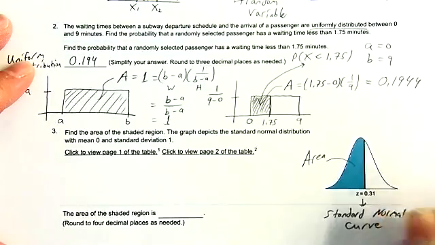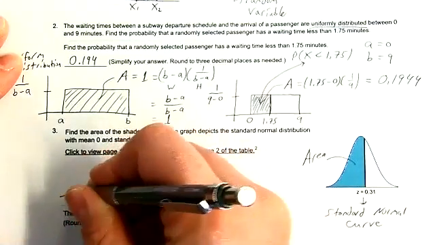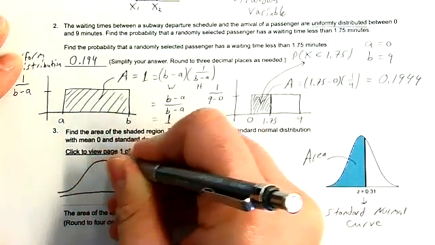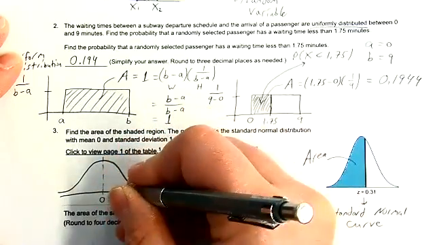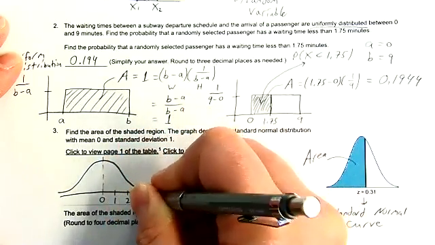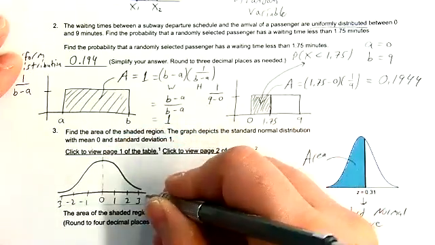We calculated z-scores maybe in chapter 4, maybe chapter 5. If you recall, we basically had a standard normal curve. The center is at 0, and then you have 1, 2, 3, minus 1, minus 2, minus 3. These are z-scores.